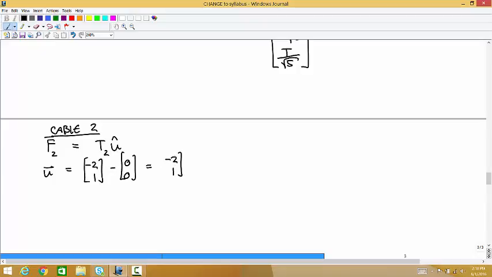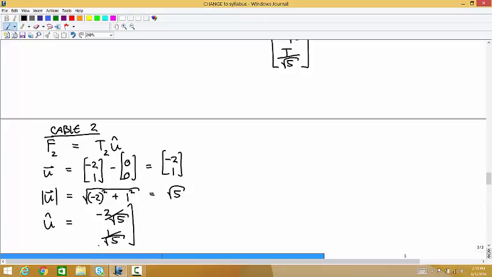So that's (-2, 1). Then the length of that vector is the square root of negative 2 squared plus 1 squared, so you get square root of 5 again for the length. And now divide u by the square root of 5, and you get a unit vector that's equal to (-2 over square root of 5, positive 1 over square root of 5), and so that force F2 is equal to (-2T over square root of 5, positive T over square root of 5).